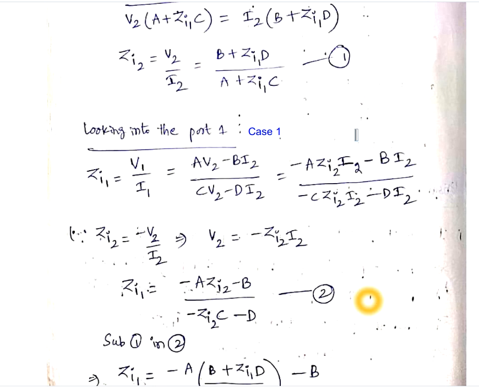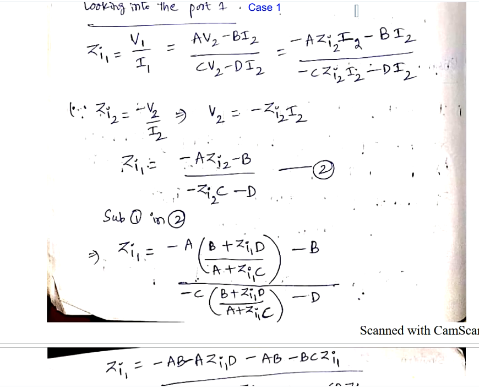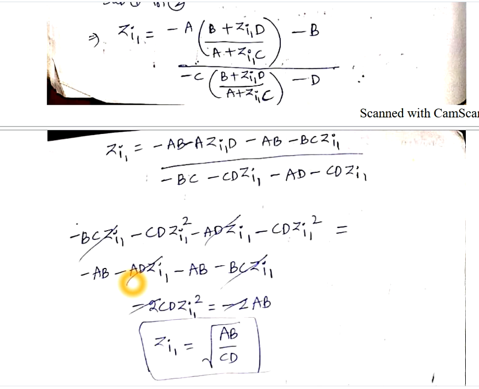Now we have the unknowns Zi1 and Zi2 here, because ABCD parameters are known for any given network. Yes, ABCD parameters are known. You can even find any other parameter for a given two-port network. So the only unknowns are Zi1 and Zi2, and they will be solved using 1 and 2. First you substitute 1 in 2, then you will get Zi1.